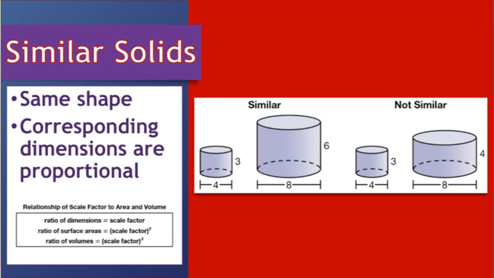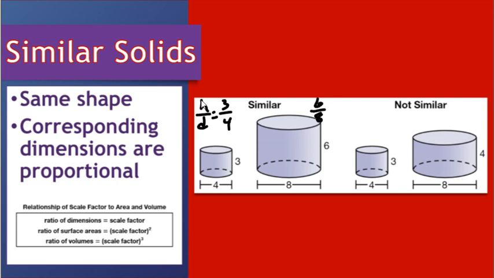Similar solids have the same shape and corresponding dimensions are proportional, which just means if I were to write a proportion, let's say the height over the diameter has to be the same for the two solids. This one would be 3 to 4, and this other one would be 6 to 8.